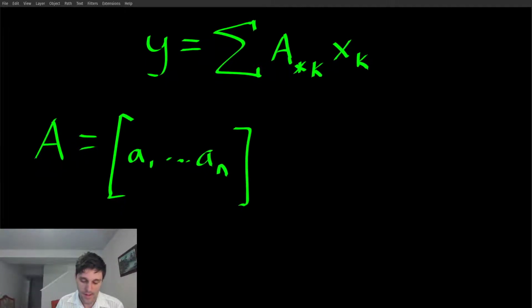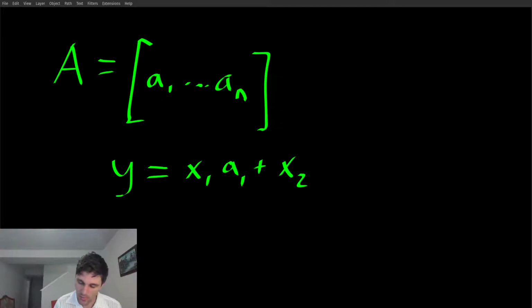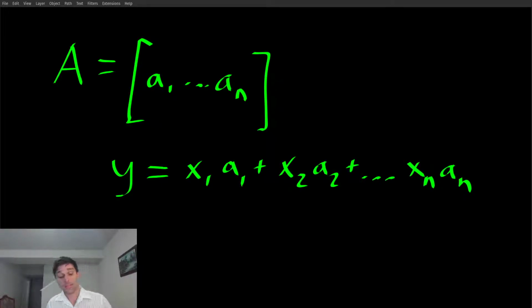Then y is the scalar x_1 times a_1 plus the scalar x_2 times a_2 plus ... x_n a_n. In other words, it's the linear combination of all of the columns using x as the coefficients of the linear combination.